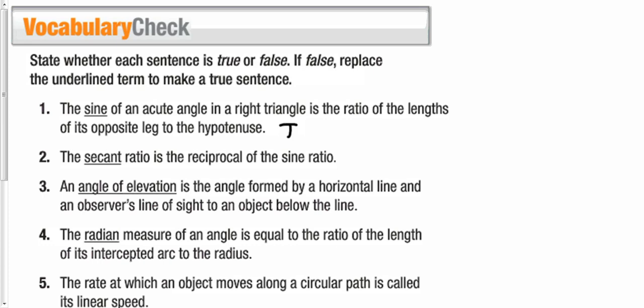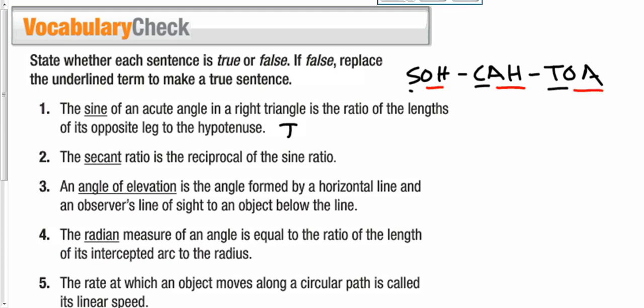Remember that we are going to use the Indian chief's name, Sohcahtoa. So sine is going to be the opposite over hypotenuse. Cosine is going to be the adjacent over hypotenuse, and tangent is going to be the opposite over the adjacent.